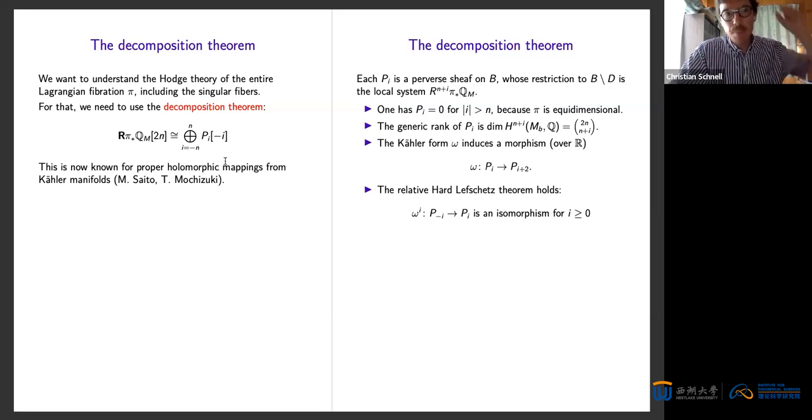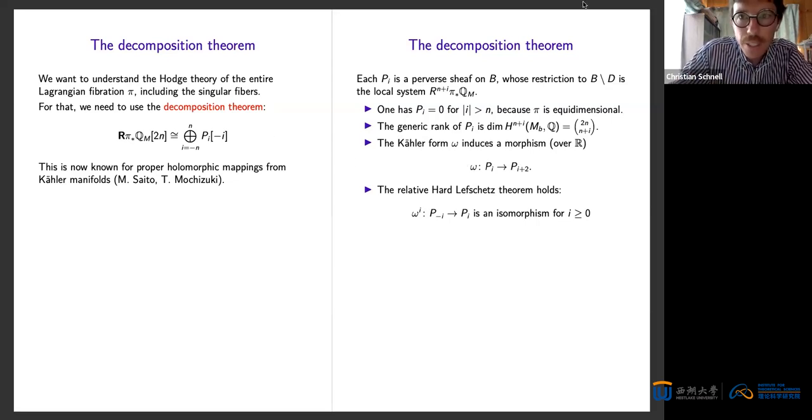And then the difficult analysis bit in the decomposition theorem is that when you act by the Kähler form, you actually get a map from P_i to P_(i+2), right? Think cohomology in some degree on the fibers, and then in degree plus 2 by wedge product with the Kähler form. This is the relative version of acting with the Kähler form in the compact case.